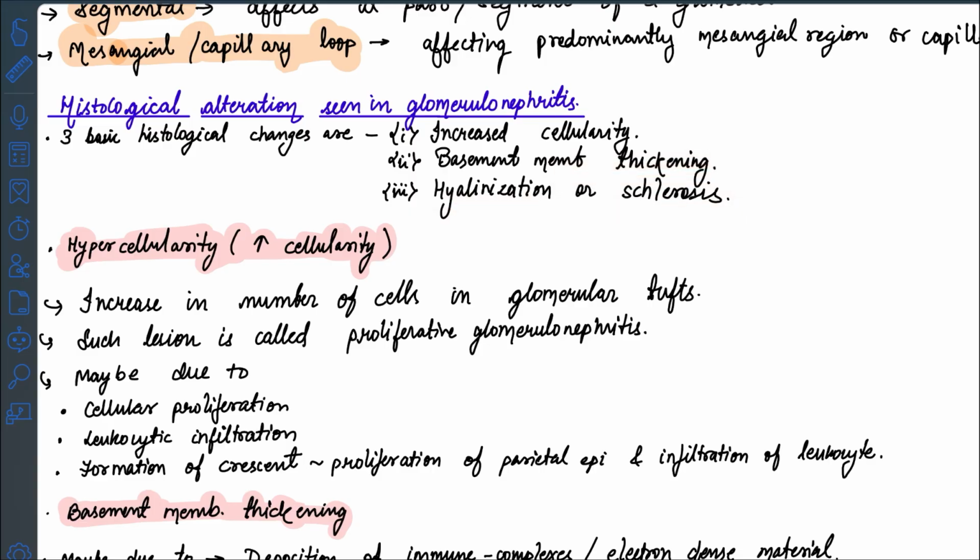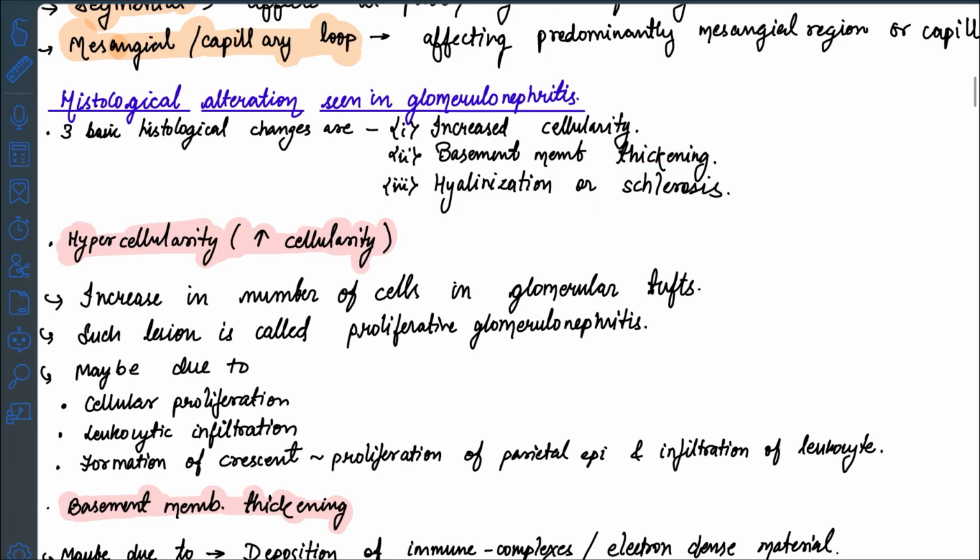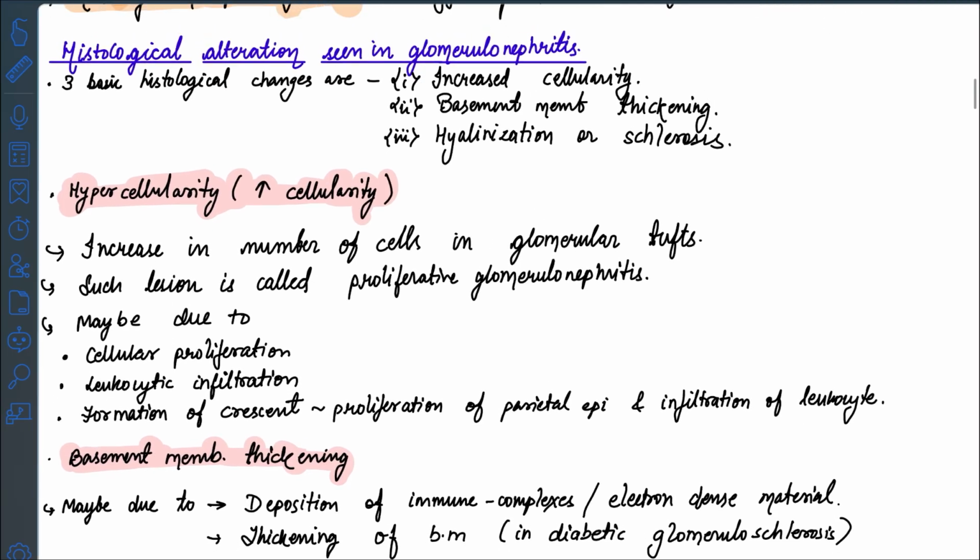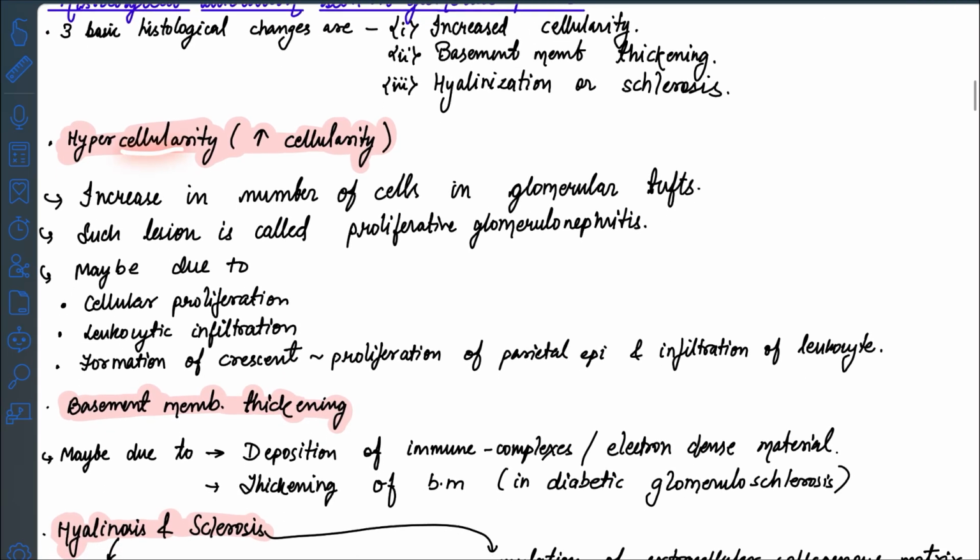Third is hyalinization or sclerosis. One by one we'll learn about them. Hypercellularity means increase in cellularity. We all know that. How does this actually happen? There is an increase in the number of cells in a glomerular tuft. Due to the increase in cell number, you'll see hypercellularity.